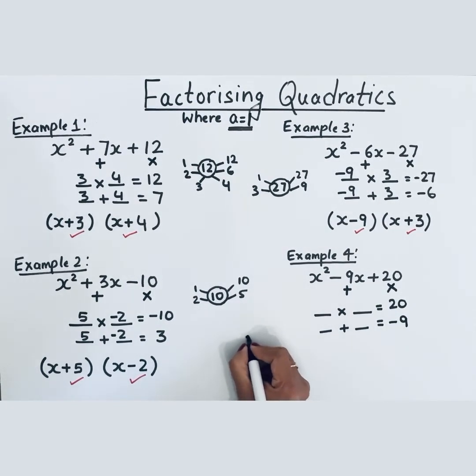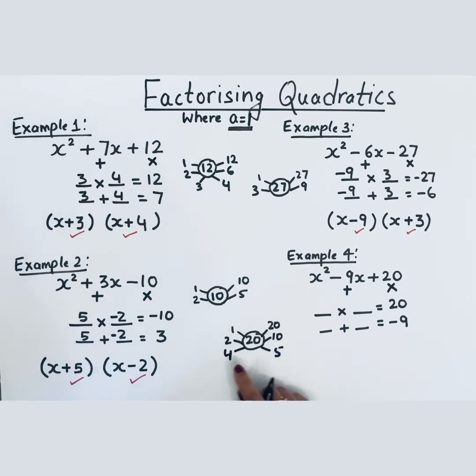Let's use a spider diagram again to help us decide what those two numbers are going to be. So 1 and 20, too big of a gap. 2 and 10, 2 times 10 is 20, but 2 add 10 is going to be 12. And if I take away, it's 8, so that's not our number.